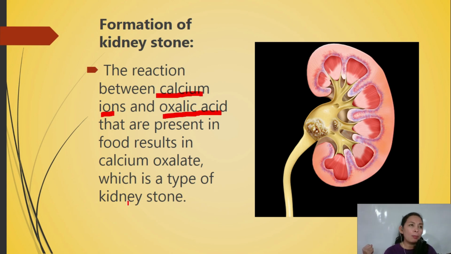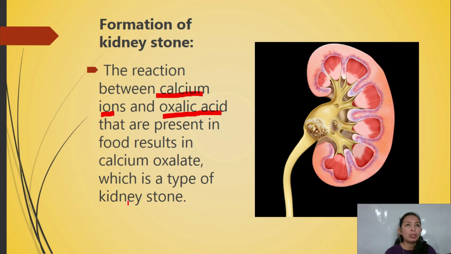So, meaning we have to avoid food that is rich in oxalic acid. One of the substances that are rich in oxalic acid is spinach. Also, I think beans, and tofu. So, they are rich in oxalic acid.